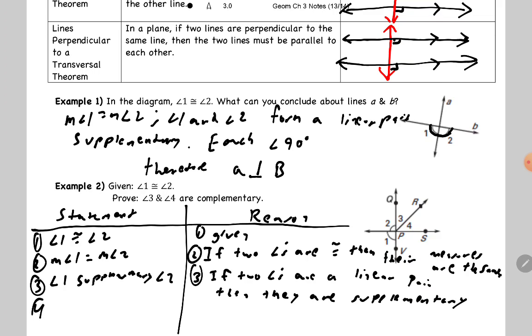And then number 4, we can say that QP, the line, is perpendicular to the line PS.